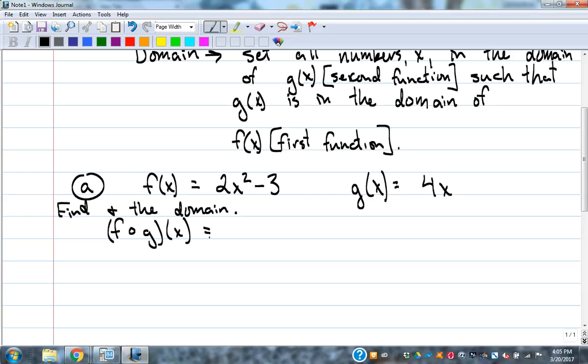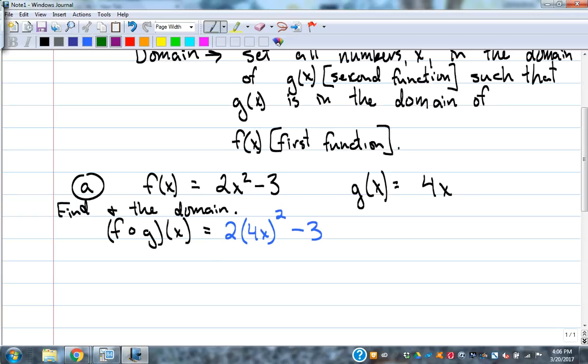It's just plugging one function into the other. So we're going to take the g of x function, the one listed second in the composition statement, and place it in for x in the first function. So that's taking 2, and instead of x, we put 4x in its place, because that's the g of x function, squared minus 3.